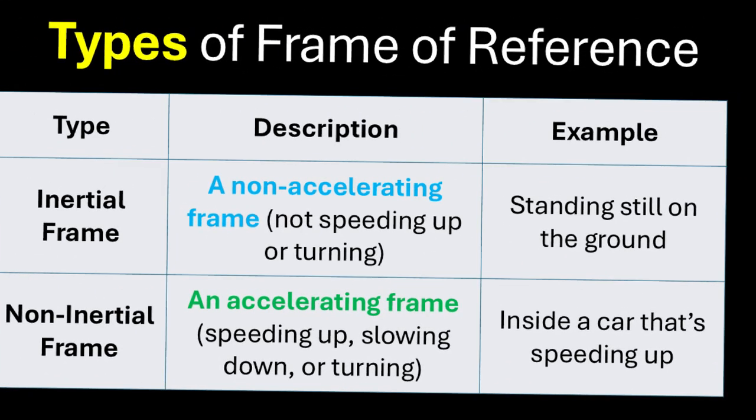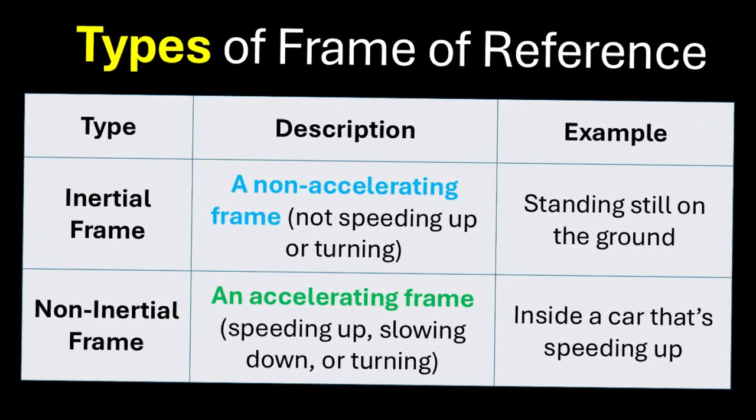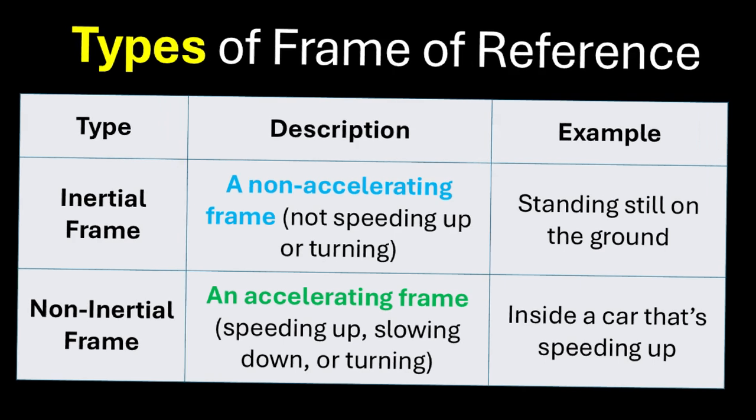Now, how many frames of reference do we have? Well, basically, in physics, we choose frame of reference as two. One in which the frame is not speeding up or turning, and we call it a non-accelerating frame. And the other one where the frame is either speeding up or slowing down or turning, which we call an accelerating frame.